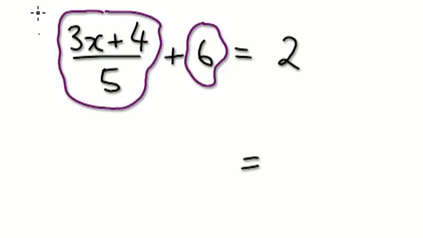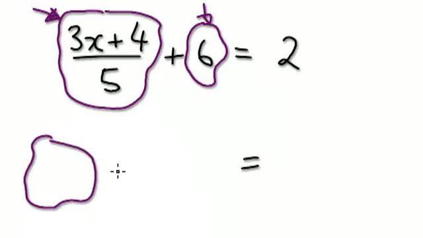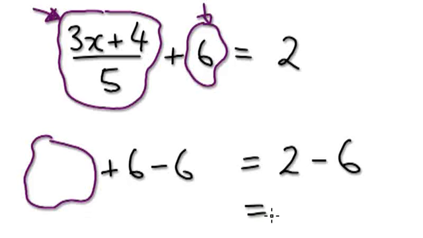You want to get x standing on its own, but x is in this bubble. So kill off this thing first, and deal with the x later on. Inside your mind, take away 6 from both sides. Here you can see the two 6s kill off each other.